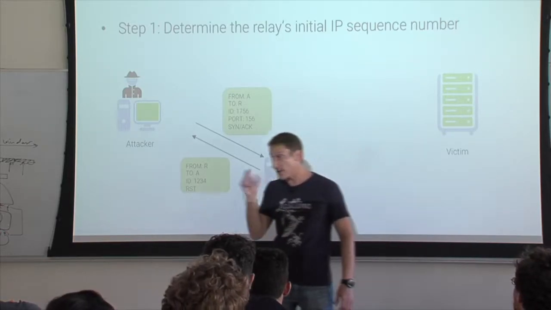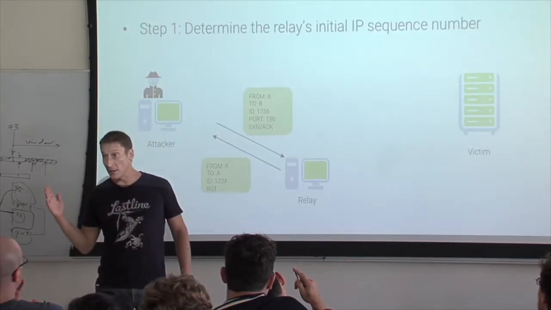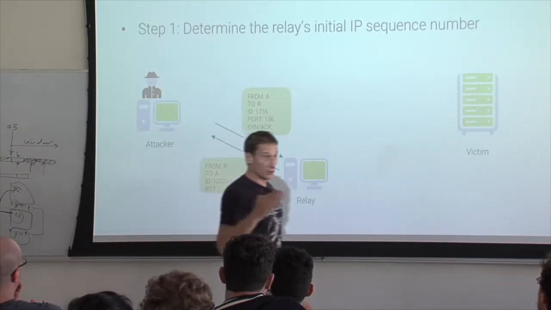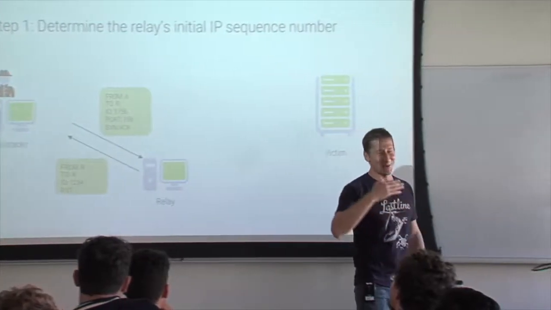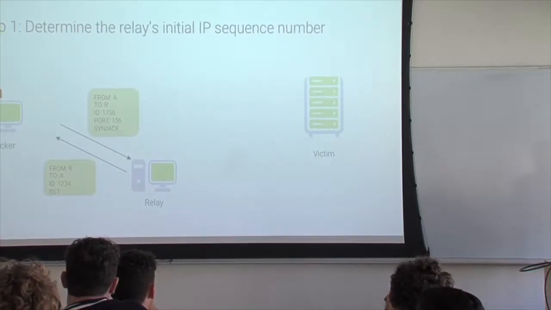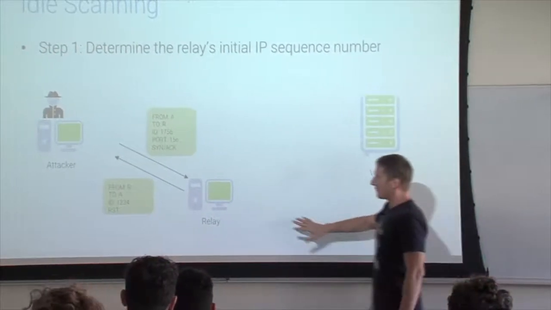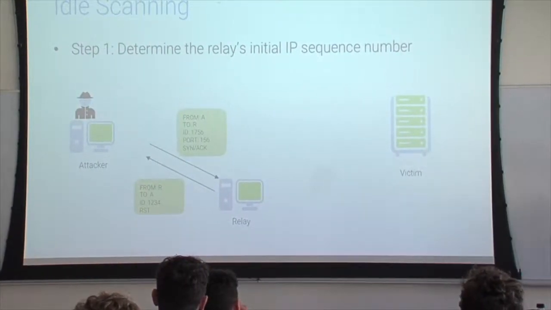Remember, IP packets have an ID? That ID increases monotonically in many implementations. So it goes 1, 2, 3, 4, 5, 6, and so on. So this establishes the fact that this guy's ID is 1234, thanks to the reset that is sent back.